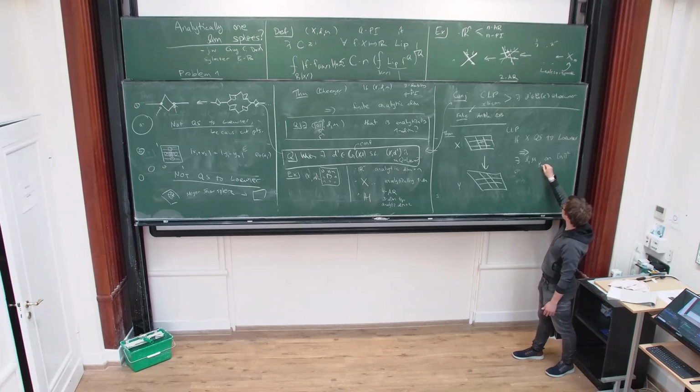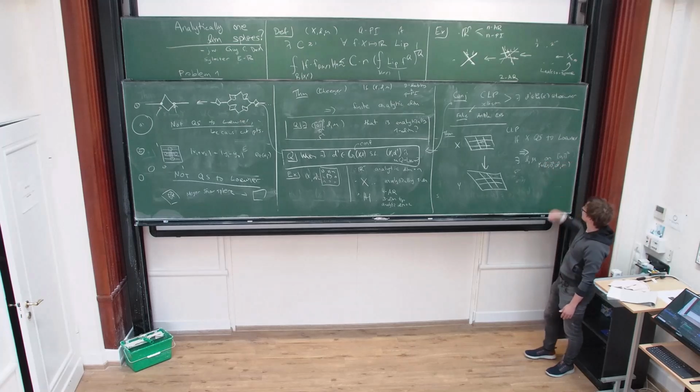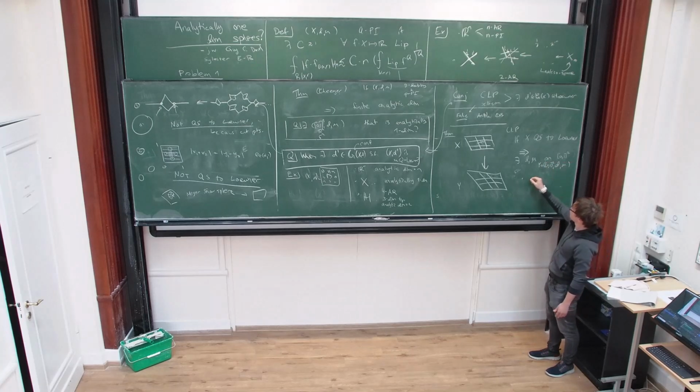So let's call Y equal to this square with this metric here. Mu is doubling. You have a P-Poincaré inequality. You are purely 2-unrectifiable.